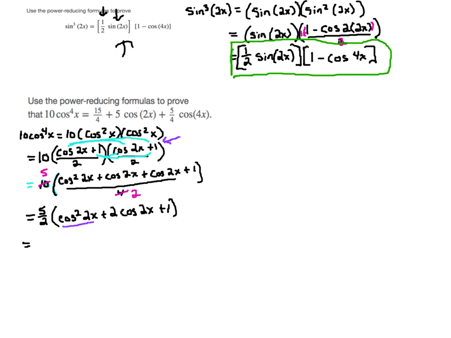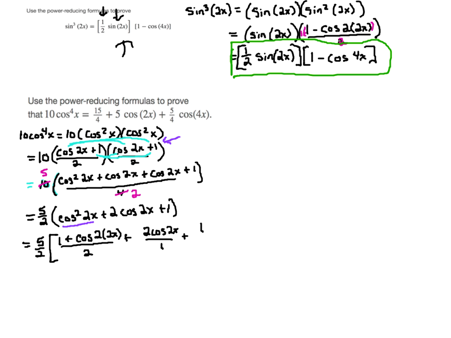Okay, so 5 halves times, let me give myself brackets to work in here, 1 plus the cosine of 2 times 2x, so I'm doubling that, divided by 2, plus 2 cosine 2x, and I'm going to go ahead and say that's over 1, and you'll see why.